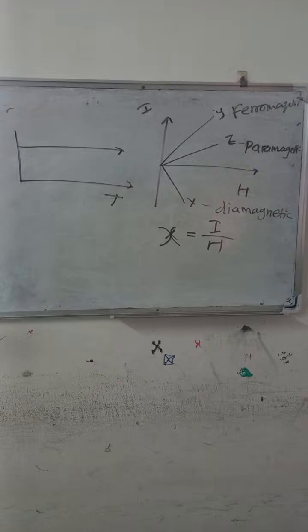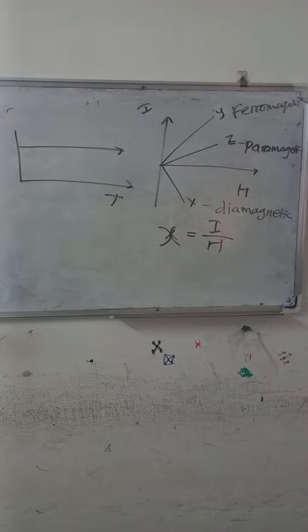Then the third bit they are asking: between Y and Z, which of the materials will you prefer for making transformer cores and why. So we prefer the Y material for preparation of the transformer. There we require high permeability and low hysteresis loss.